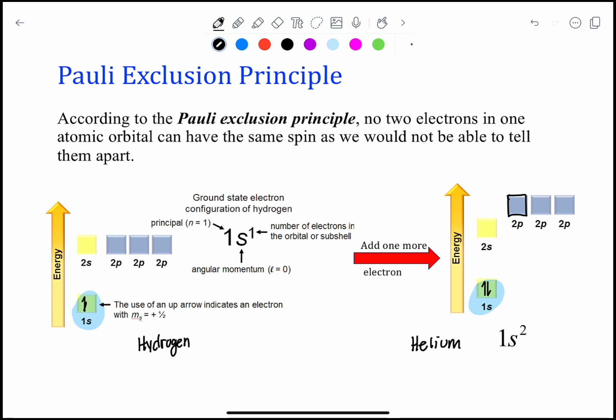We started with an upspin over here, and now those 2 electrons are going to have an upspin and a downspin, because when they're in the same box, they can't have the same spin. So when we show them in an orbital diagram, we show them with 2 opposite half arrows, up and down half arrows. So that's the Pauli exclusion principle. No 2 electrons can have the same spin so that we can tell them apart.